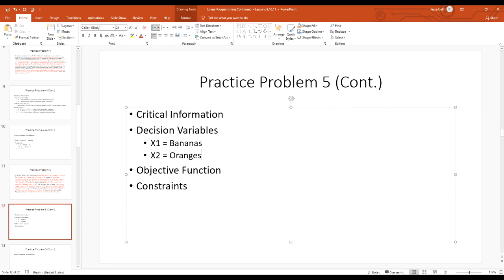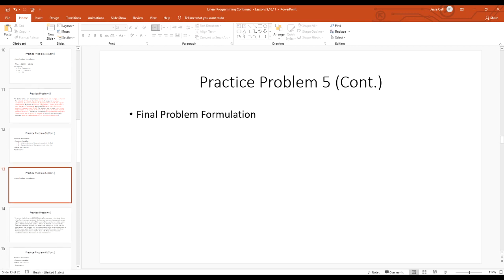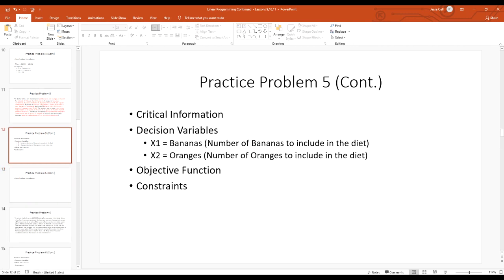We have both the bananas, and that's the number of bananas to include in the diet, and oranges, and that's the number of oranges to include in the diet. So we have x1 and x2, number of bananas, number of oranges.